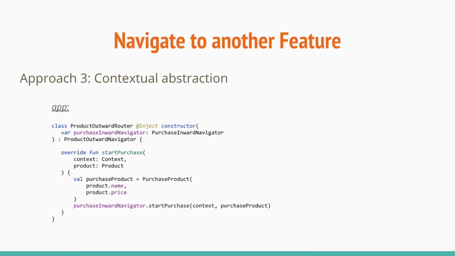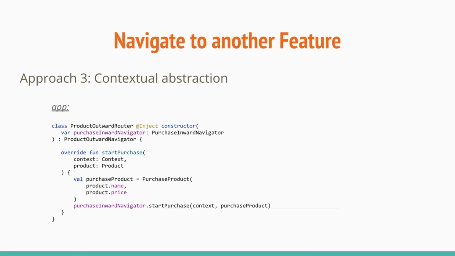Now let's see how app can connect these two modules and act as an orchestrator. App is going to implement the interface which product has exposed. So app is going to implement the product outward navigator interface. Let's call it product outward router.